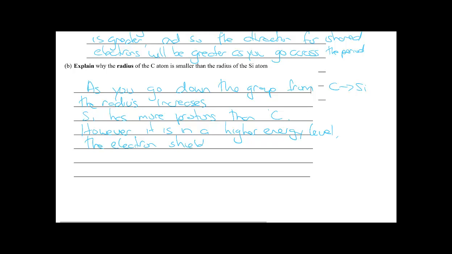So you talk about that, and you're going to link this to distance, which is a huge one. You must talk about that. And so the distance increases. Once again, this is linking to attraction, so you need to say that. Therefore, the attraction decreases.